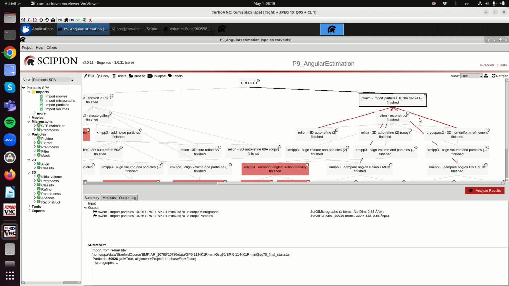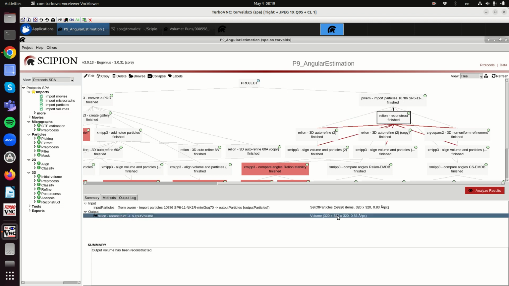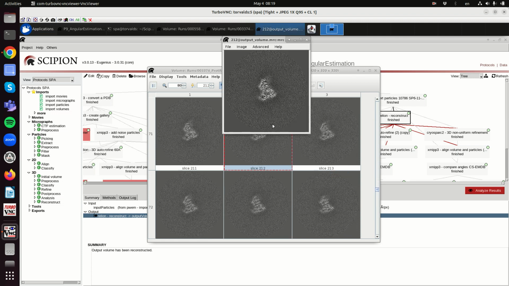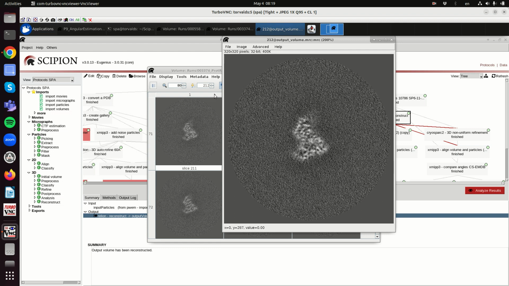These people have deposited the particles and the angles that they used for reconstructing, and so the first verification that we can do is just to reconstruct using these angles to make sure that we can recover the structure that they also reconstructed. And we see, for instance here, the same kind of background, relatively clean without any artifact, and then the structure in the middle corrupted by this noise.